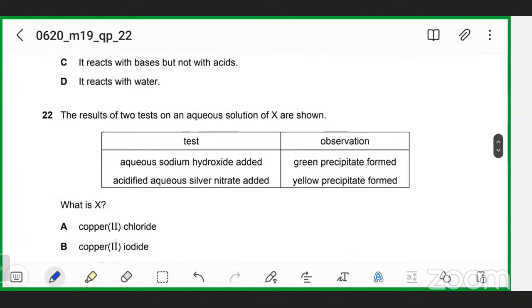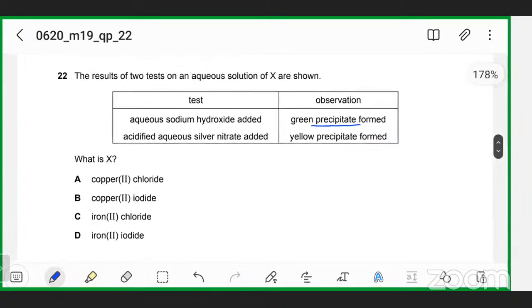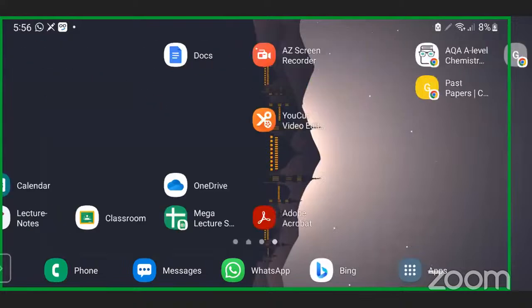As a result of 2 tests on aqueous solution of X are shown. So ये green precipitate कौन form करता है निवेश के साथ? Do you know what copper precipitates are? कॉपर के ब्लू होते हैं. मतलब ये टेस्ट ऑफ कैटायंस वगैरह ठीक है वो कहाँ पे है?